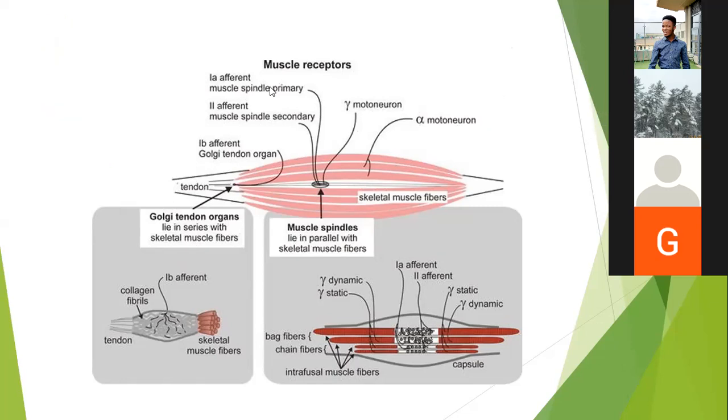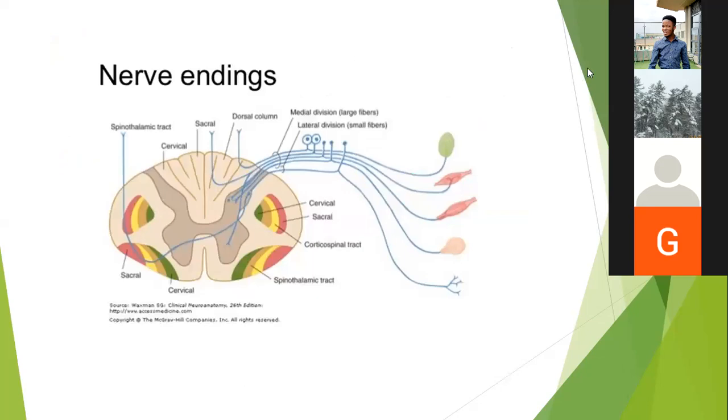So I want to go to the next one, which is capturing the cutaneous receptors. These are the ones which are found on the skin. Remember I talked about touch. If I touch a part of your body, I'm going to stimulate one of these receptors. If I prick you and you feel pain, I'll stimulate one of these receptors.